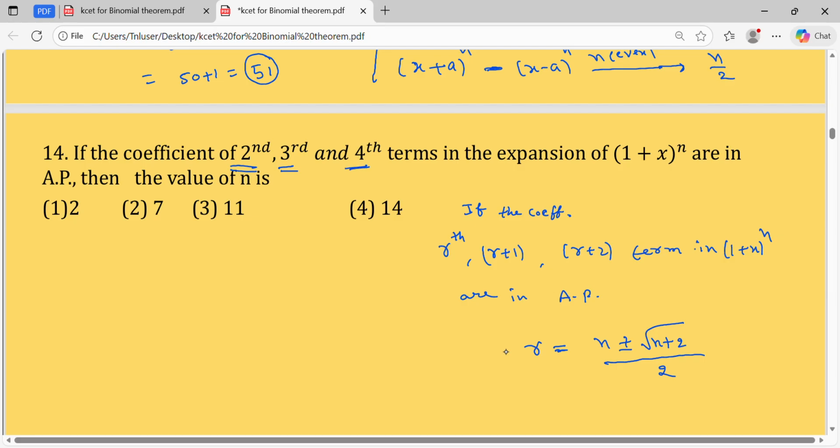So the rth term is the second term, r plus 1 is the third term. So focus on r equal to 2. Now the n value we want to find out. n is n only, we want to find out. Now use this formula, r equal to (n plus r minus root of n plus 2) divided by 2.